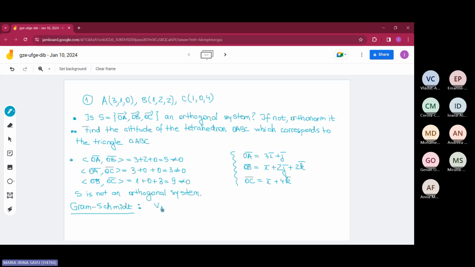The first new vector of our set will be OA, the first vector of this set. Then the second vector will be constructed using OB. So this is OB minus the projection of OB.